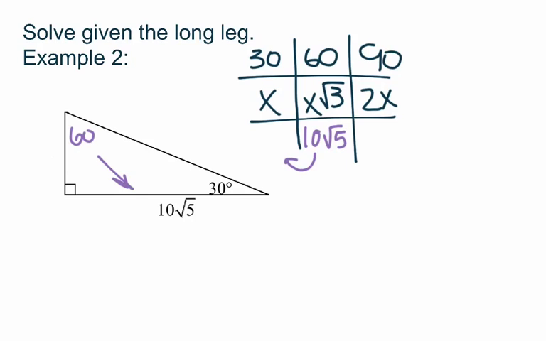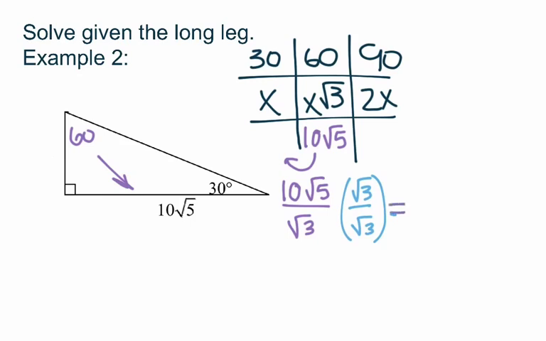Okay, y'all, we're going to go from right to left, so we need to divide. So 10 square root of 5 divided by square root of 3. We have to rationalize that denominator. So we're going to multiply by square root of 3 for top and bottom. So on the top we get 10 times square root of 15.